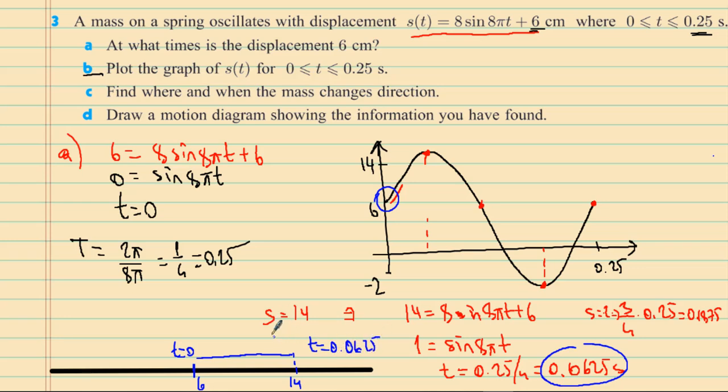Then we move to the left, we change direction till minus 2, at time 0.1875. Then again we go to the right, to the original place. So here is the motion diagram: you move right, then move to the left, and you come again to the original place.